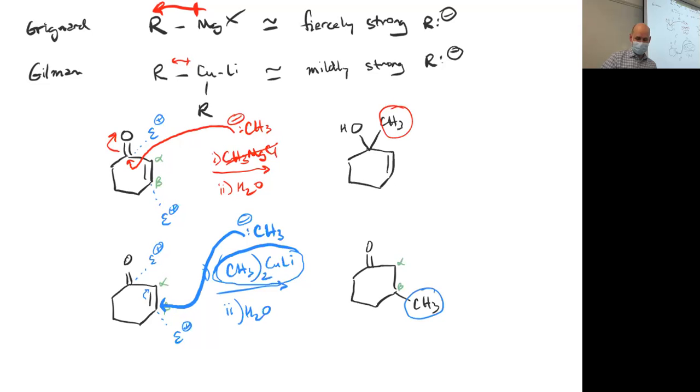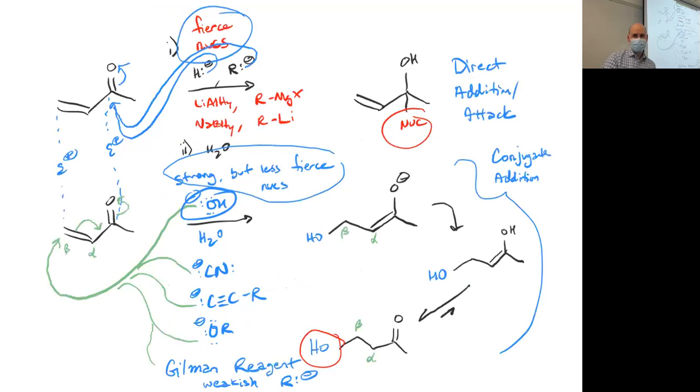I went too fast. Let me go backwards. So this is mechanistically what happens. When you attack the beta spot, the double bond shifts over and the double bond O turns into an O minus.